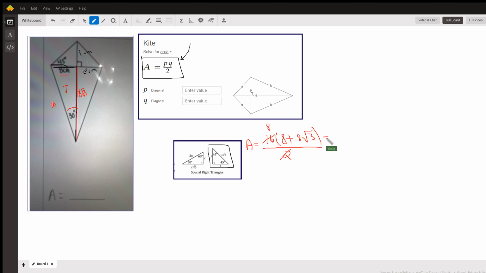And if you want to, you can distribute that 8 and get 64 plus 64 radical 3. And if you needed to get a decimal approximation for that area, you could multiply 64 by about 1.732 or use a calculator. But that's the exact area right there, centimeters squared.